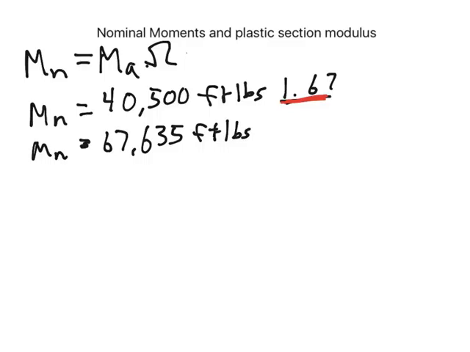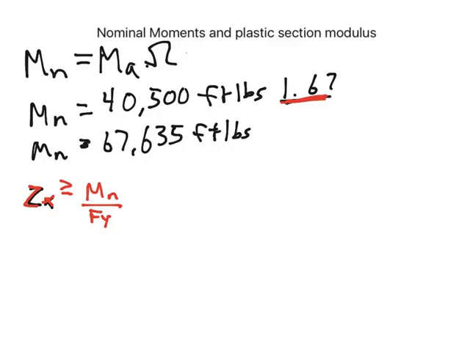So the plastic section modulus, or Zx, is what we're going to use, and we're going to find a beam that has a plastic section modulus greater than the nominal moment divided by the yield point of steel. So the yield point of steel is a given number for most equations.